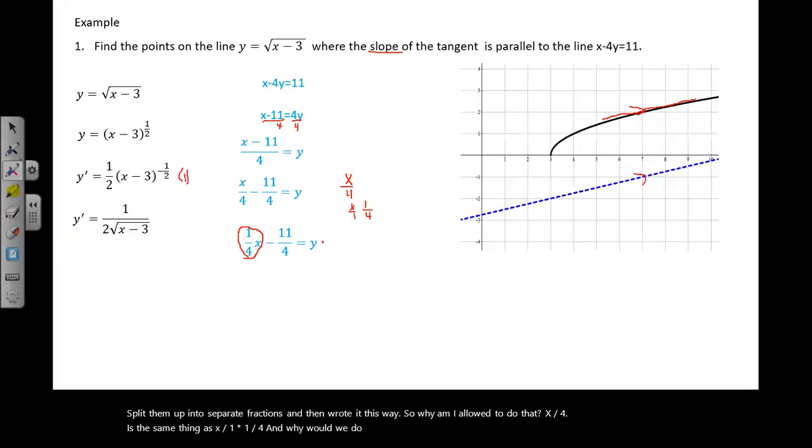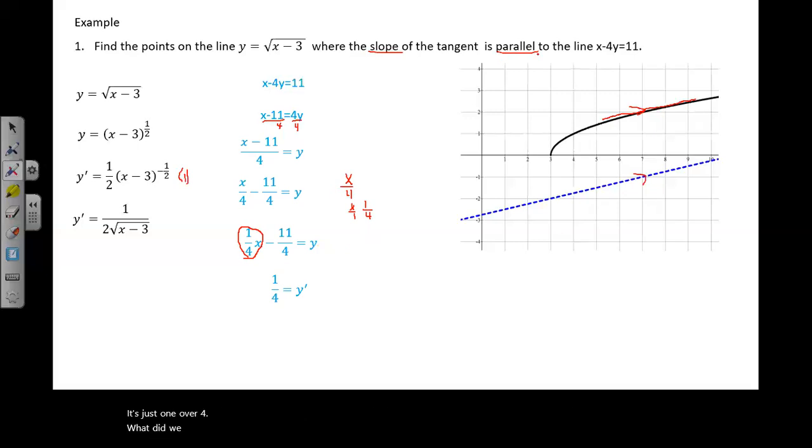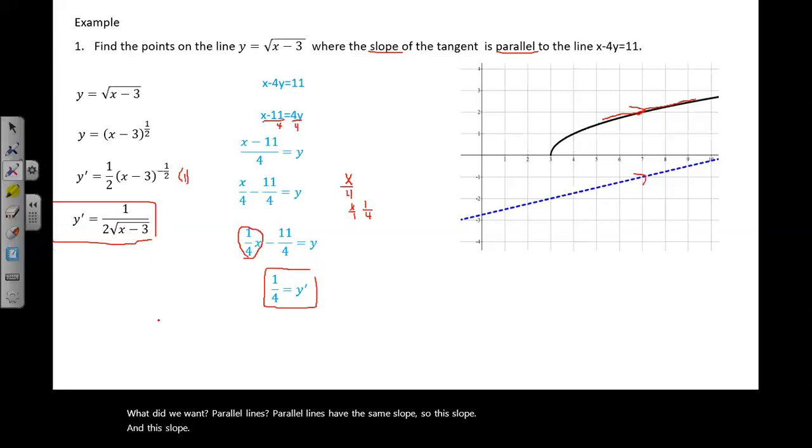I'm hoping that you'll see that the derivative is just 1 over 4. So what did we want? Parallel lines. Parallel lines have the same slope. So this slope and this slope need to be the same, meaning we're going to make them equal to each other. All right, so they're the same.